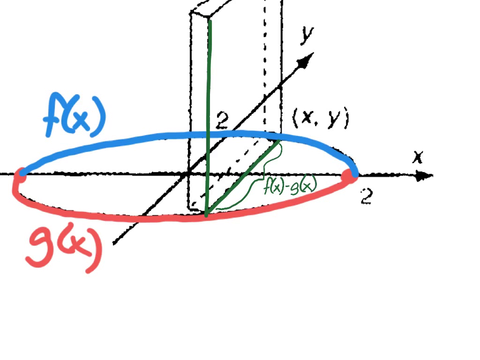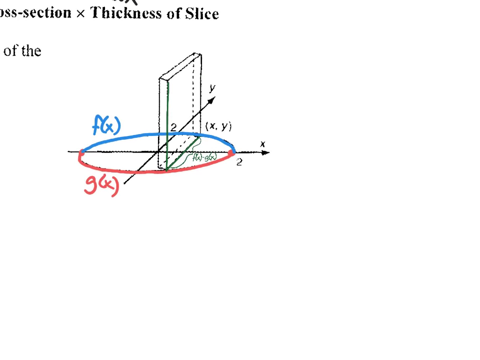Okay? So that means that the area of this square is obviously side squared, so that's f of x minus g of x squared.